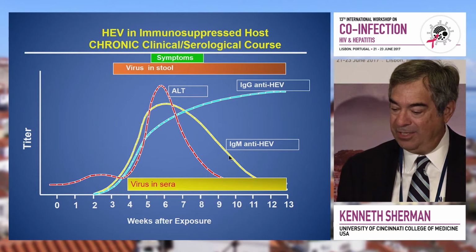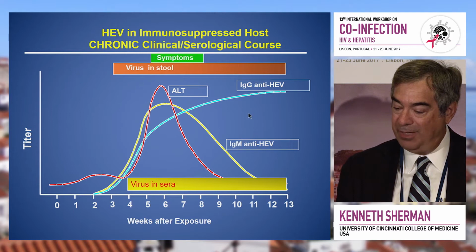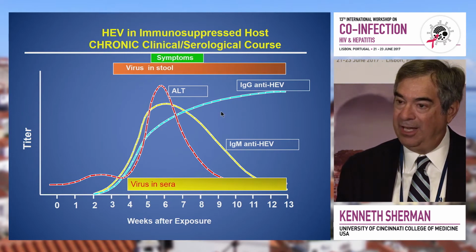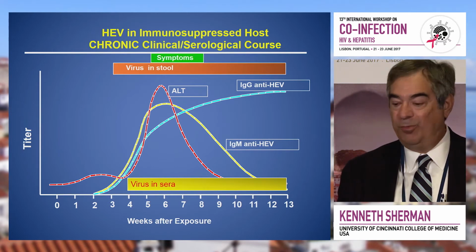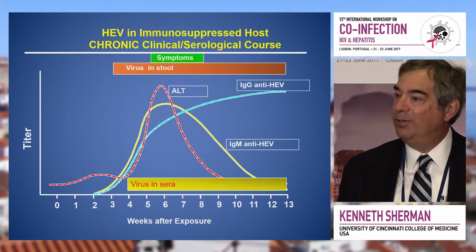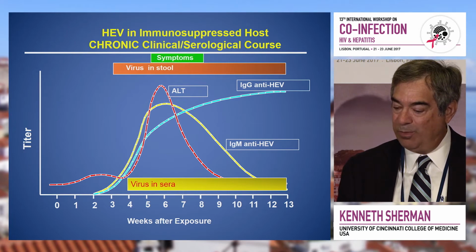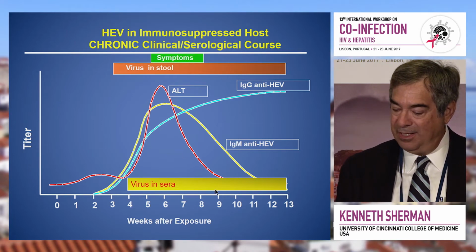And these patients actually have variable antibodies, both IgM and IgG. They'll have times where no antibody is detectable, times when IgM will pop up, and times when you will only see IgG. But persistent through this is typically the presence of virus circulating in the blood.